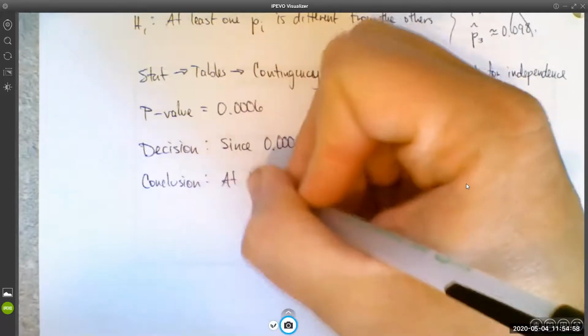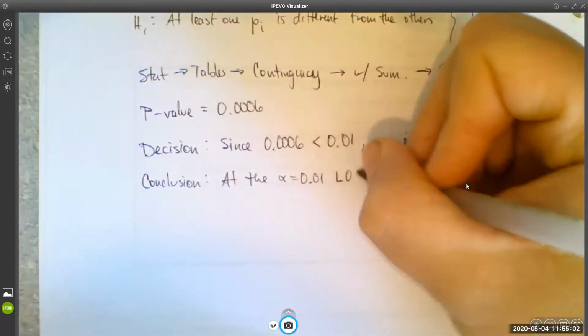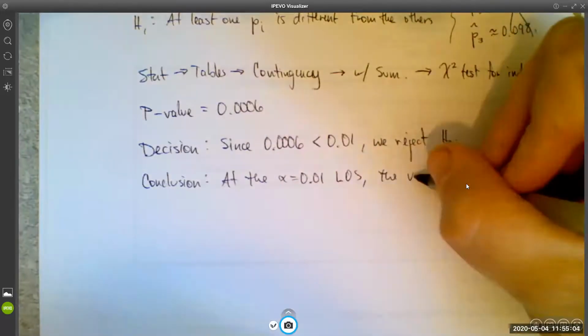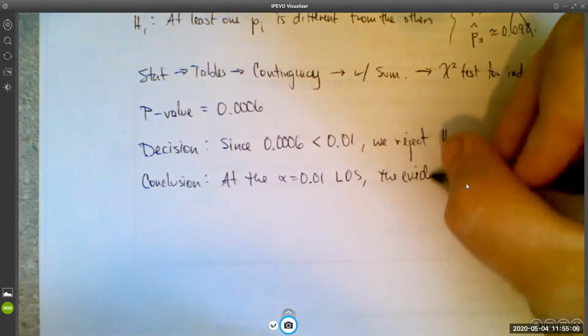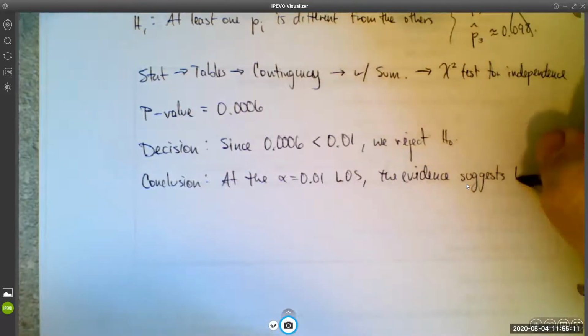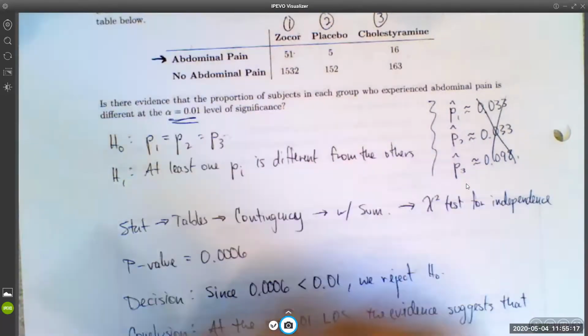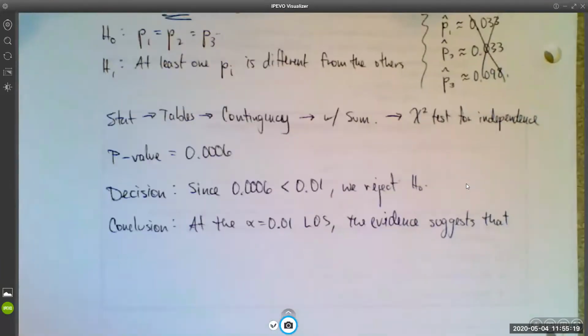So at the 0.01 level of significance, the evidence suggests that the proportion of subjects in each group who experienced abdominal pain is different. Or maybe we can make that a little quicker. We can say, suggest that at least one of the groups has a different proportion of abdominal pain.